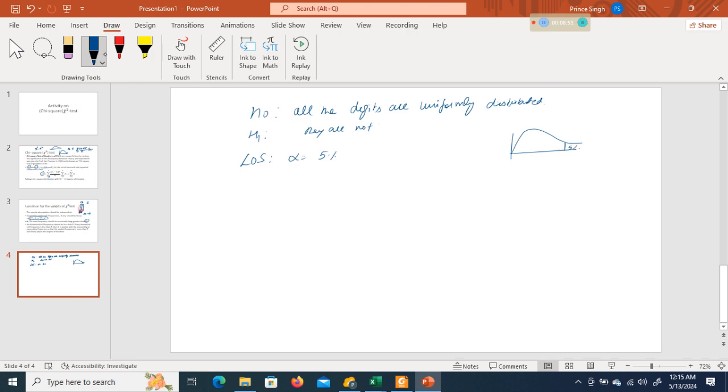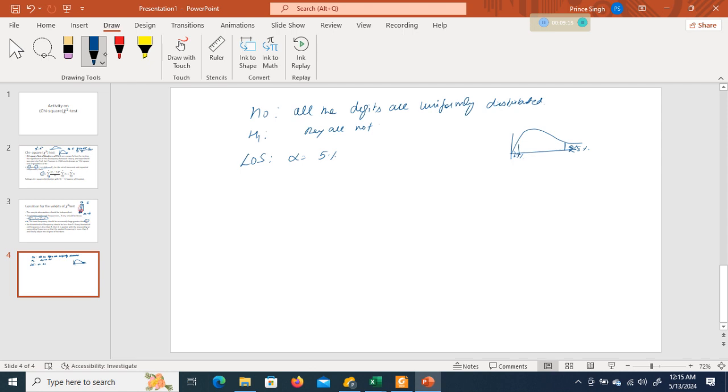What does that mean? We are saying that some of the digits are repeated more often than the others. Or when we say that they are not uniformly distributed, it means that with a 5% level of significance, we remove 2.5% from the left-hand side and 2.5% from the right-hand side.